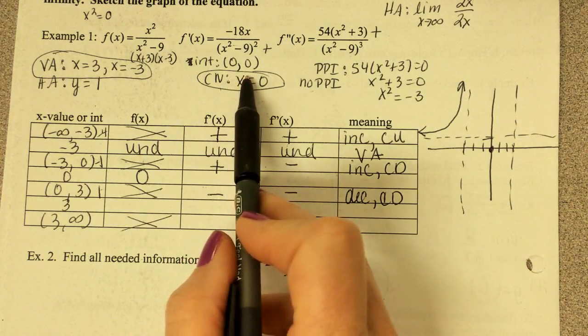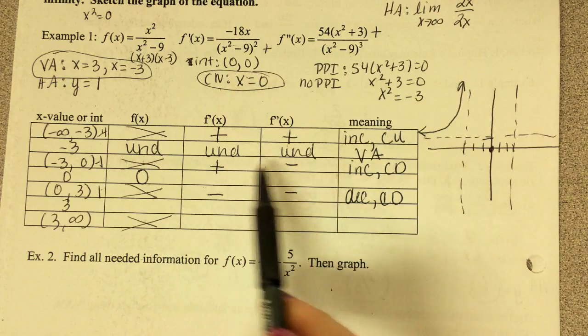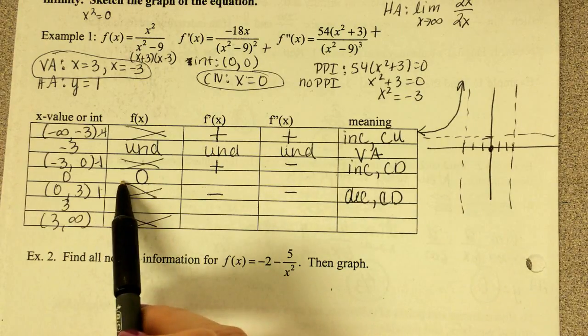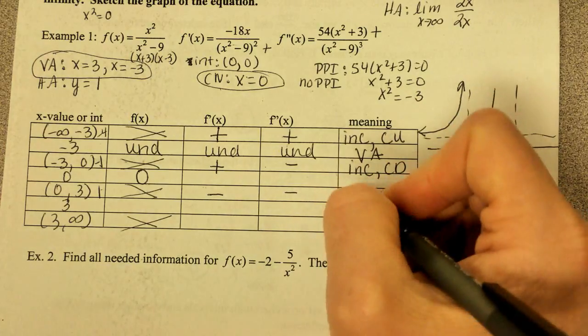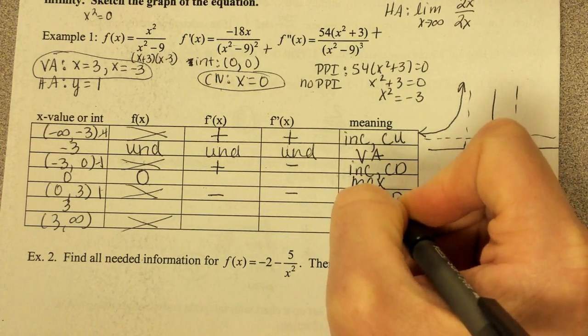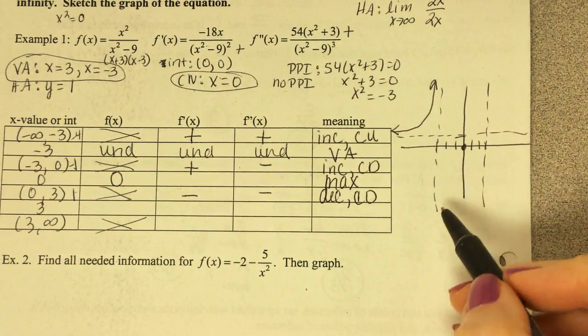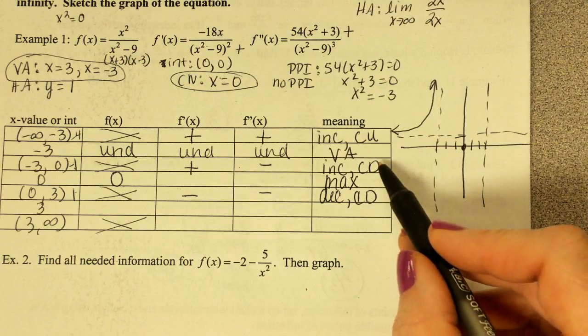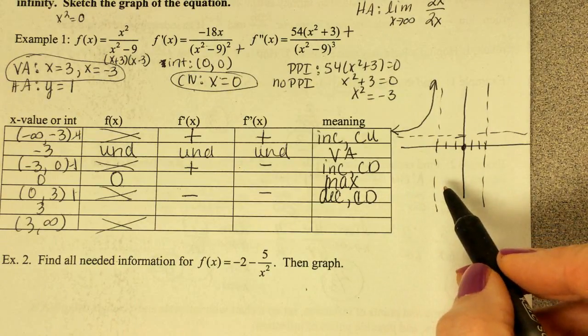Remember that 0 was a critical number. If our function is going from increase to decrease, what's it going to have to be at 0, 0? Max, isn't it? So this is going to have to be a max. And so now we're going to graph.